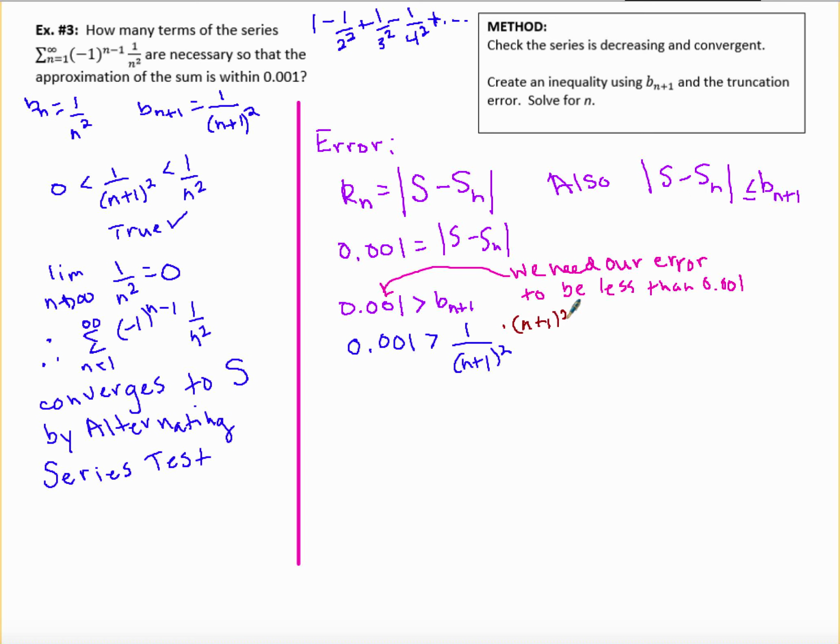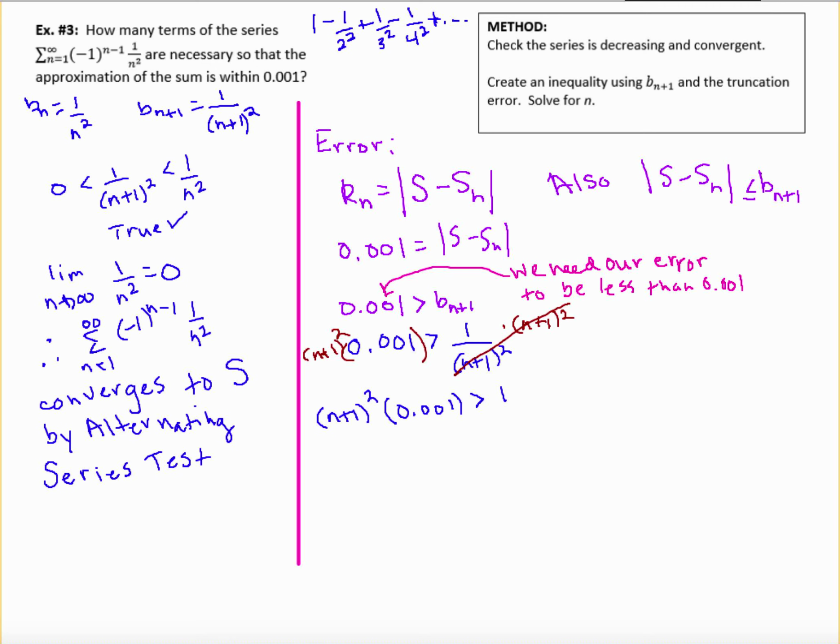That's going to be nice to get it out of the denominator for us. Fantastic. Now we've got n plus 1 squared times 0.001 is greater than 1.